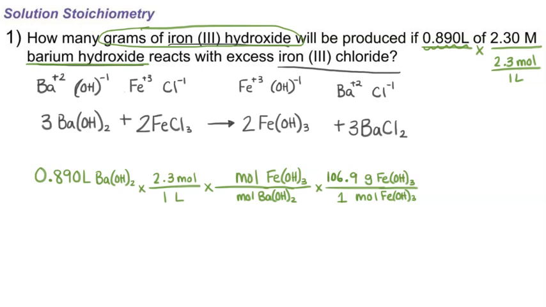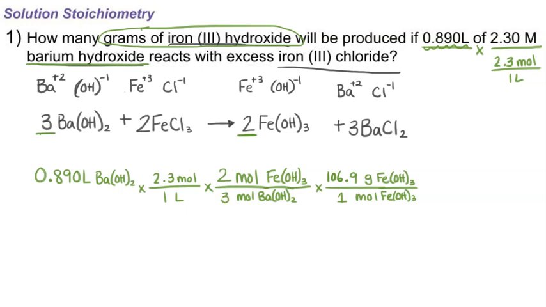Then our mole-to-mole ratio is going to come from the balanced chemical equation. So FeOH3, there are 2 of those in our balanced equation. And then barium hydroxide, there are 3 in our balanced chemical equation. So it's a 2 to 3 mole ratio.